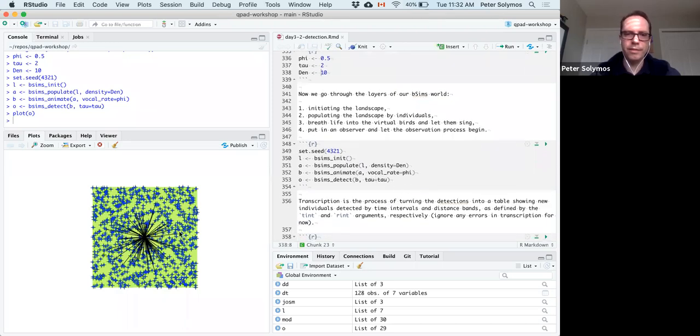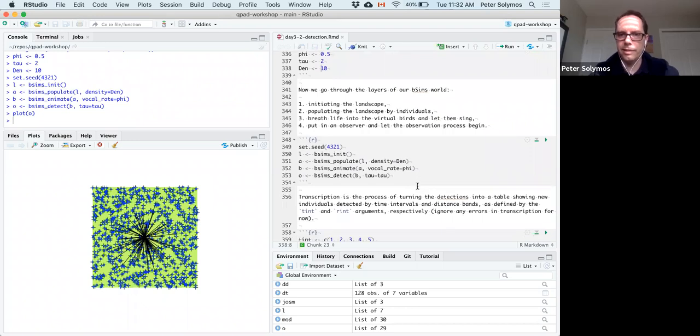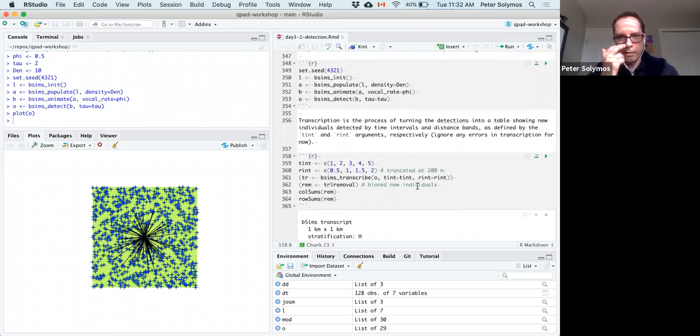And then we also have the detection on top of these as indicated by the black rays. So finally, we say, here are the time intervals, 1 minute intervals up to 5 minutes, and then radii as 50 meter, 100 meter, 150, and 200, which is going to make this a truncated distance count. So we disregard anything beyond 200 meters.